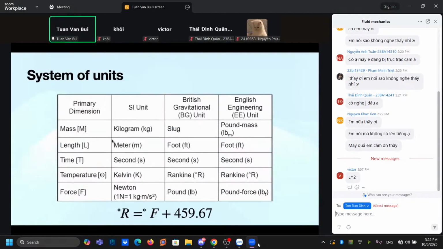So here is a table to show you again the parameters written in primary dimensions. We have mass M, length L, time T, temperature theta, and force F. In SI they are kilogram, meter, second, Kelvin, Newton. In BG they are slug, foot, second, degree Rankine, pound.